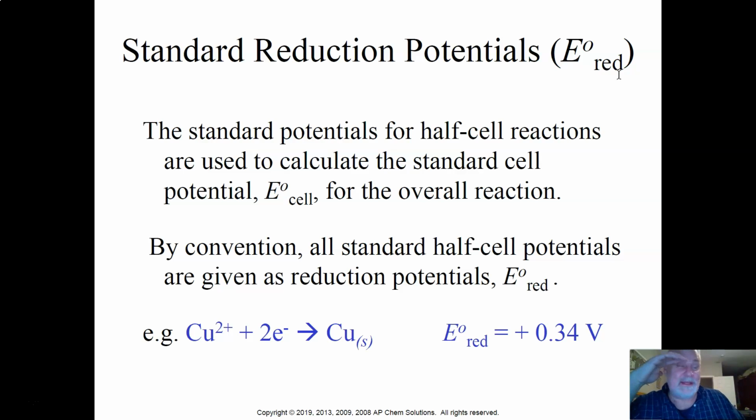Well, here's the thing. When they talk about these, they always talk about reduction potentials. Well, the nice thing about reduction potentials is if you want to change this into an oxidation reaction, you could flip this reaction and then the electrons would be on the product side and then flip the sign to negative 0.34, and this would be the E0 ox equation.